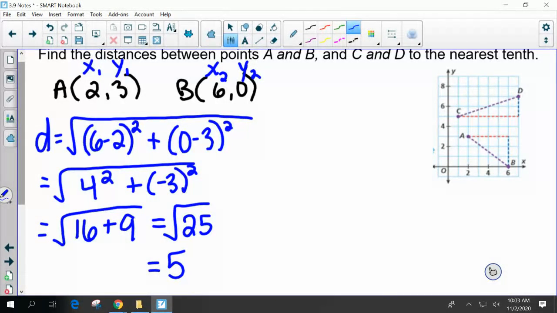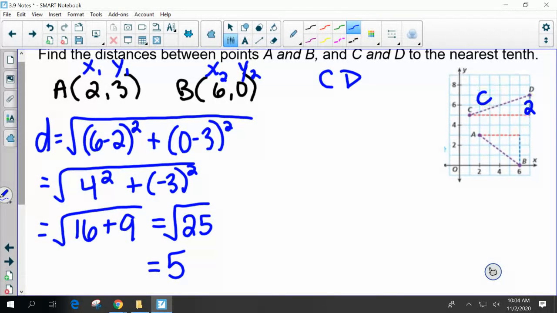Okay, so the other option you have, since these are pictures of triangles on the graph, is you could do the Pythagorean theorem. To find the distance between C and D, which we would call our c, we could find the other two sides of the triangle, the legs, and count them. And then do the Pythagorean theorem. If I count this leg, it is 2, and then this one is 6.